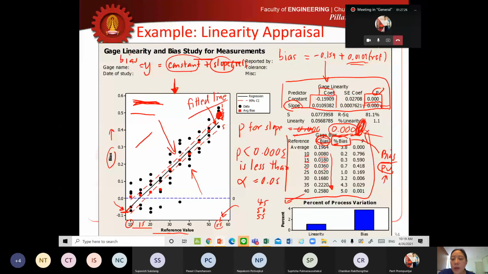and then it will show you the p-value of the t-test analysis. It shows the p-value to test whether the amount of bias is significantly different from 0 or not.